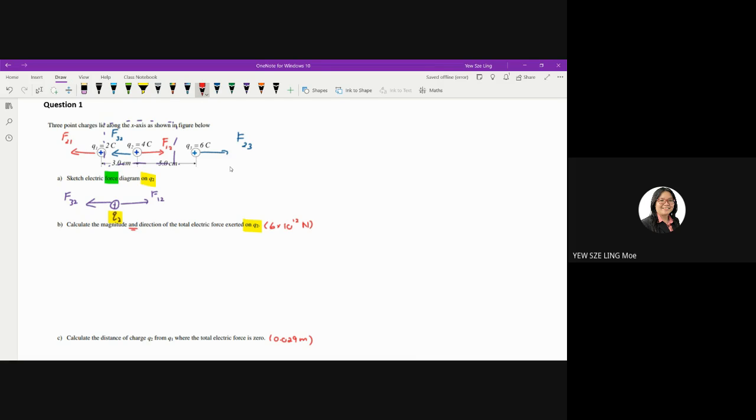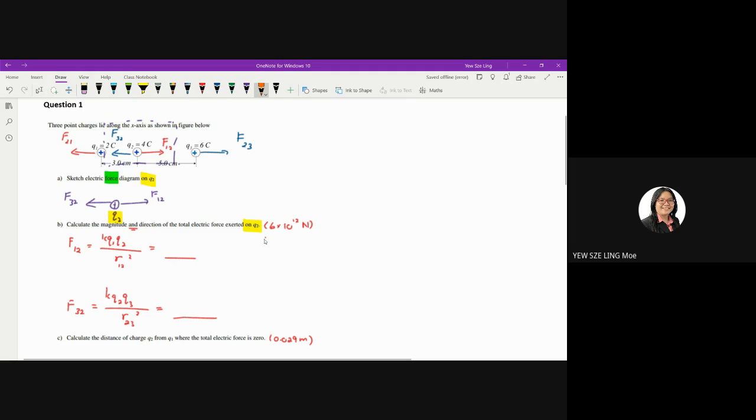But there's an additional step here in which you have to calculate F32 and F12 first before you proceed to resolving vectors and the resultant vector. So F12 is equal to kQ1Q2 over r12 squared, and then F32 is equal to kQ2Q3 over r23 squared. So you calculate and obtain the values before you proceed to resolving and the resultant vector.